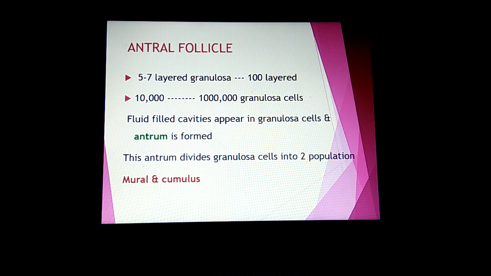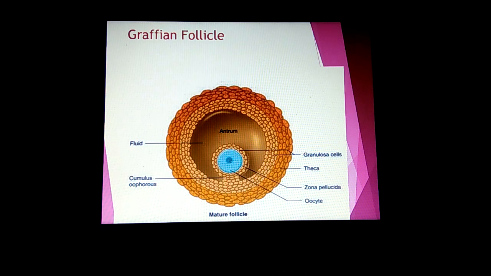Now this antral follicle will develop into the next stage, which is known as the Graafian follicle. This Graafian follicle is the mature follicle. Every follicle tries to reach this Graafian follicle stage because here at this point the ovum will be released from the ovary and ovulation will occur.